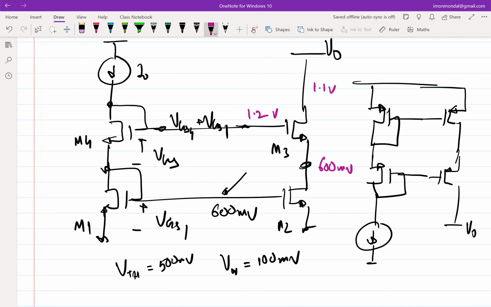right? So as you see, the problem, if I only look into the right-hand side, the problem essentially is I am losing 600 millivolt across M2, right? So that's the problem. Sorry, I think I made a mistake.